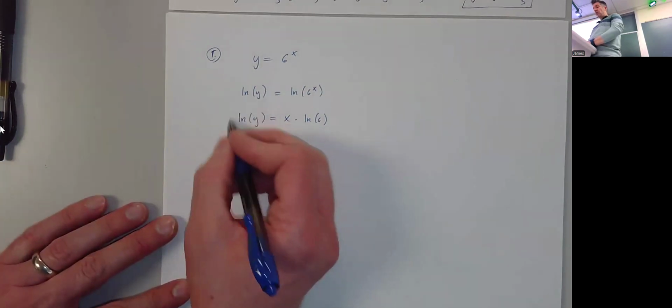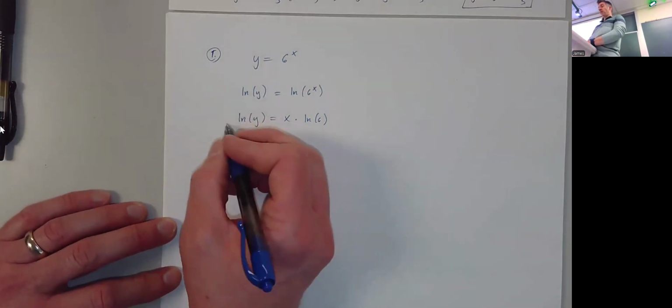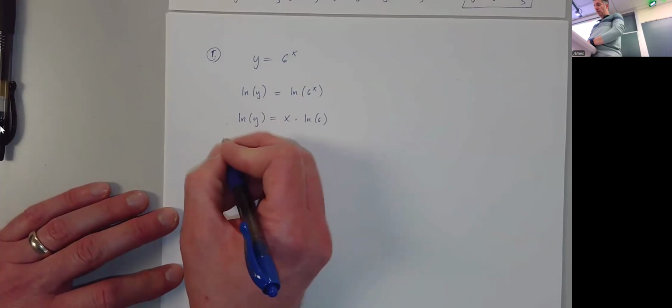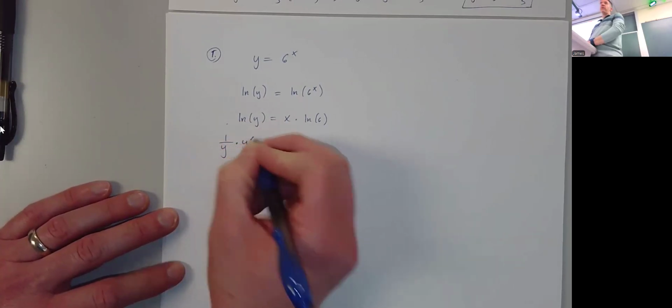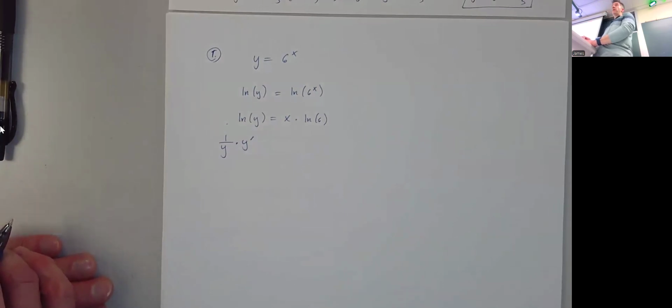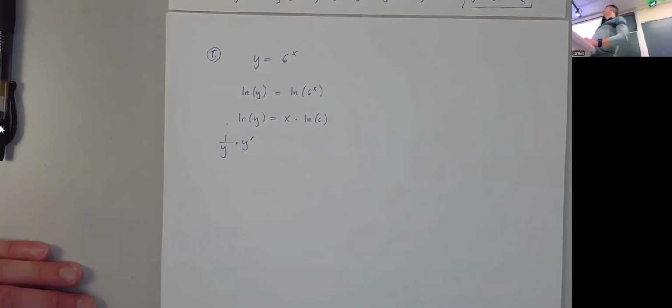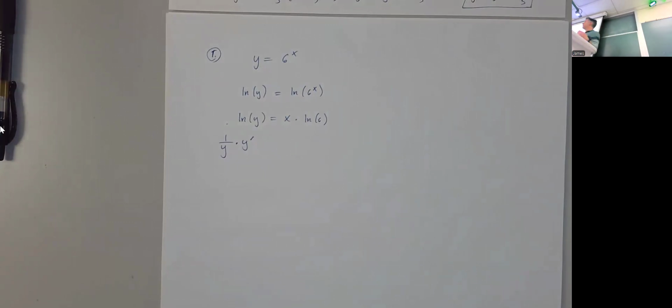The derivative of the natural log of some stuff, or the natural log of a function of x, is going to be 1 over the function times the derivative of the function. Just applying the chain rule. Or you could say we're using implicit differentiation. They're kind of the same thing, right? With implicit differentiation, you're really just using the chain rule all the time. You're saying every time, oh yeah, y is a function of x, I have to multiply by its derivative at the end of that process.